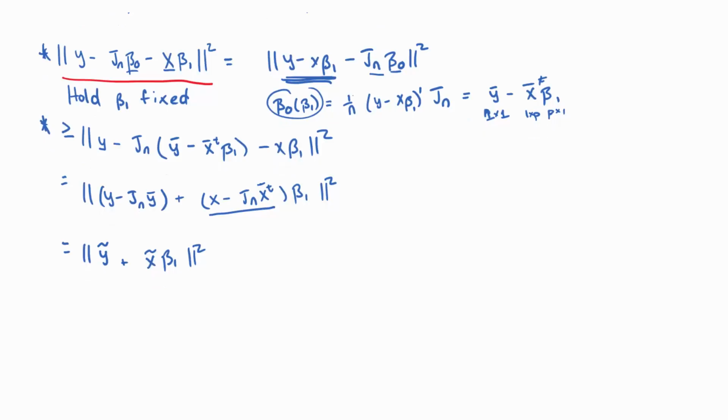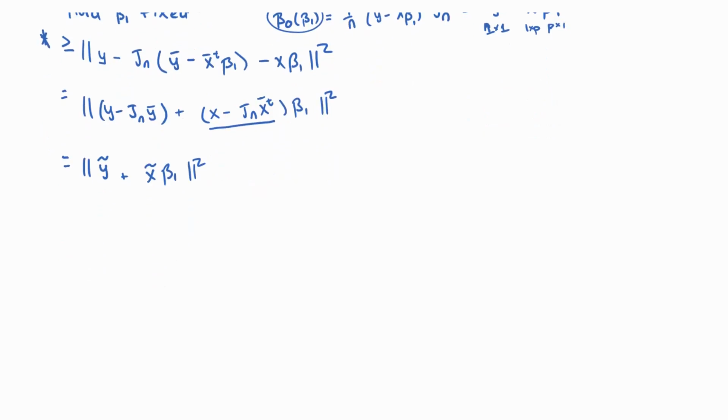Now, we know that this quantity is minimized with beta 1 hat equal to x tilde transpose x tilde inverse, times x tilde transpose y.